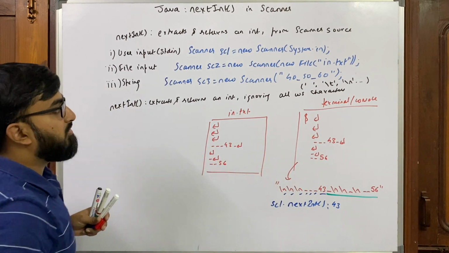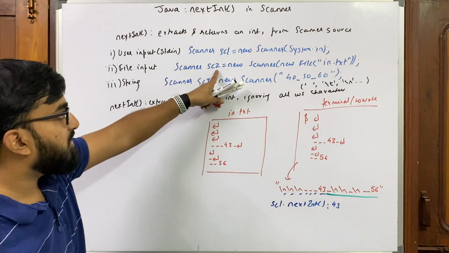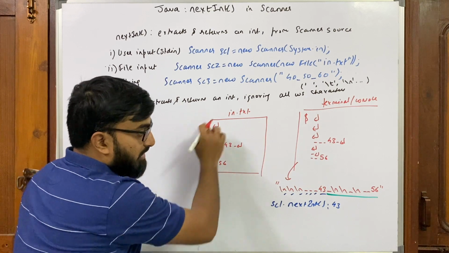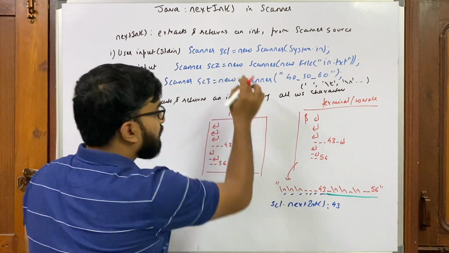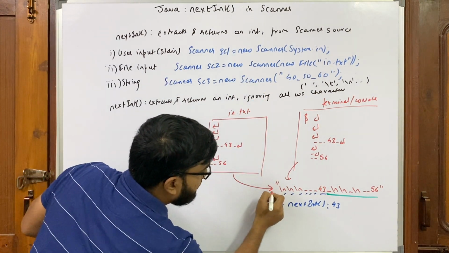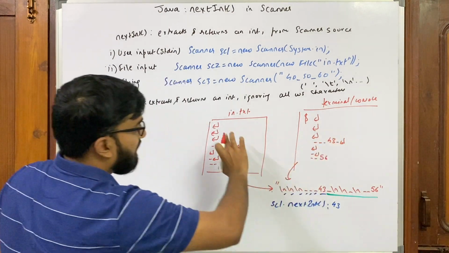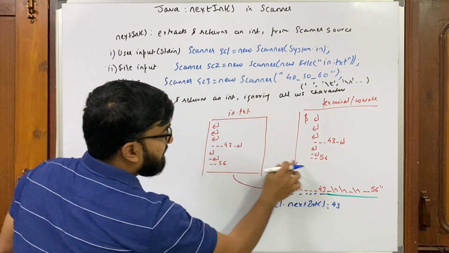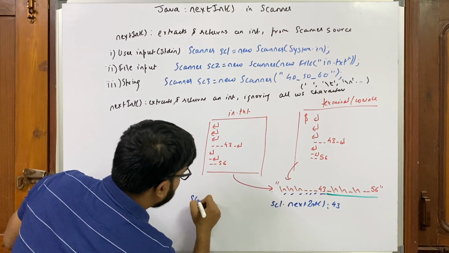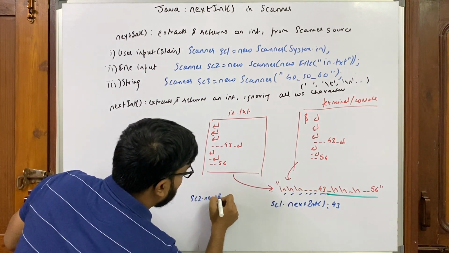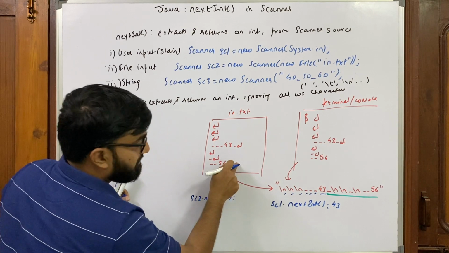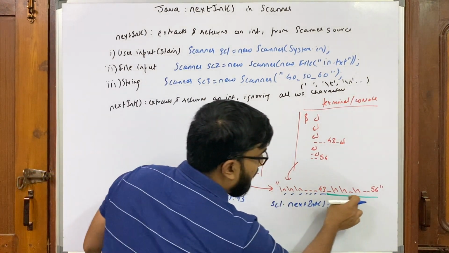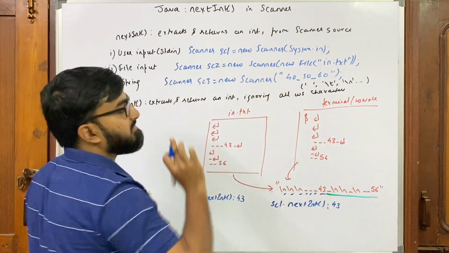When I create a scanner object that reads from this file, all this content goes as a string in this object, which is exactly the same. Since the string given to scanner is the same in both cases, sc2.nextInt is also going to return 43, and this green part is the input left in sc2.